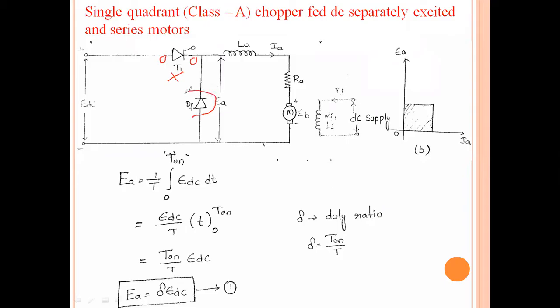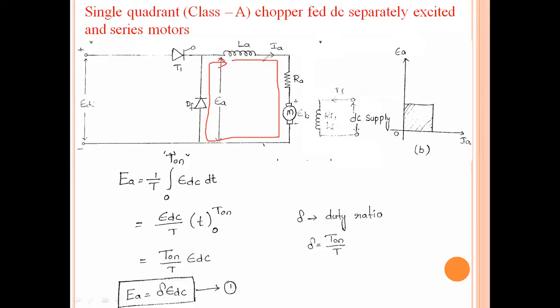Now this freewheeling diode will become forward biased because of this inductive energy. This inductive energy circulates the current. So this inductive energy circulates its energy as a current through the motor terminals, which also flows through the diode and completes its path.